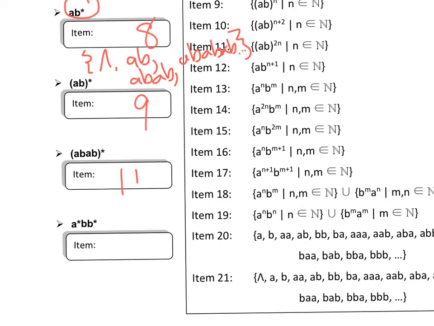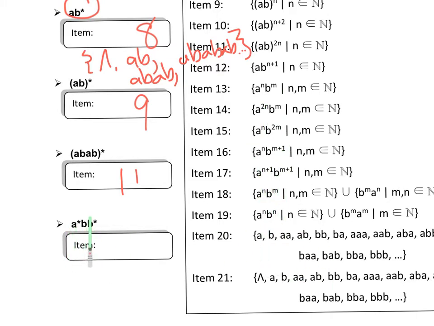And the last one, A star, BB star, right? So that means 0 or more A's, and then a B, and then 0 or more B's. So that's what the strings in here look like. When you start looking around here, I don't have anything that looks like this.